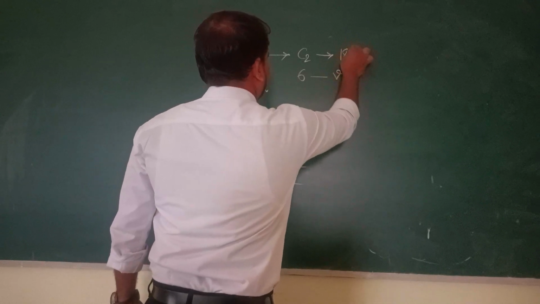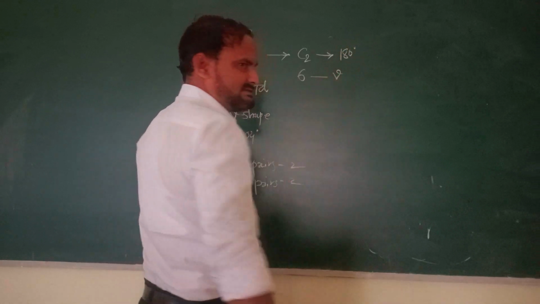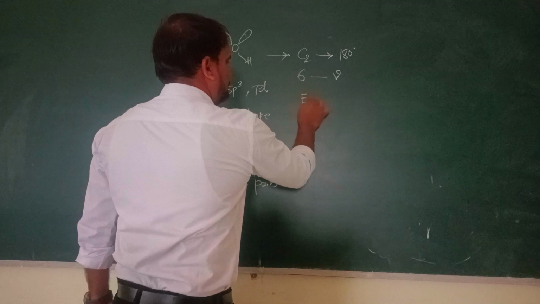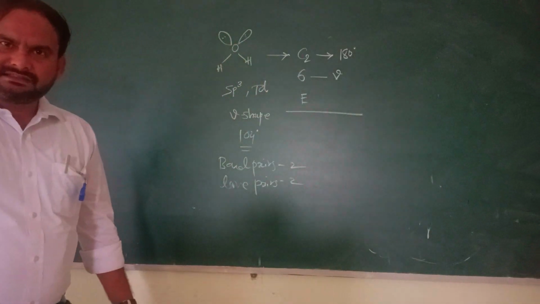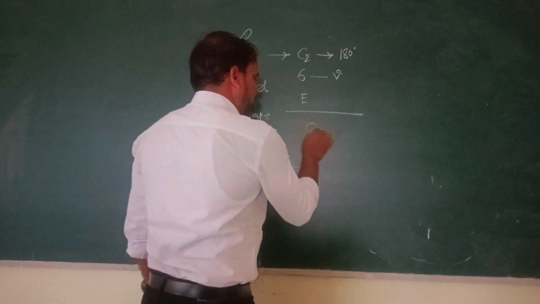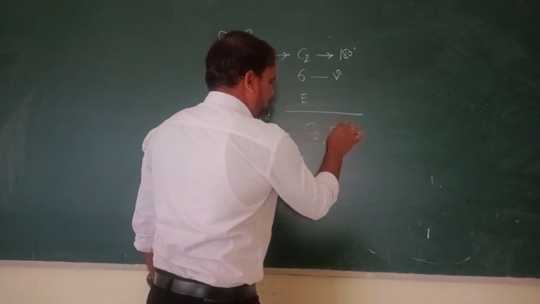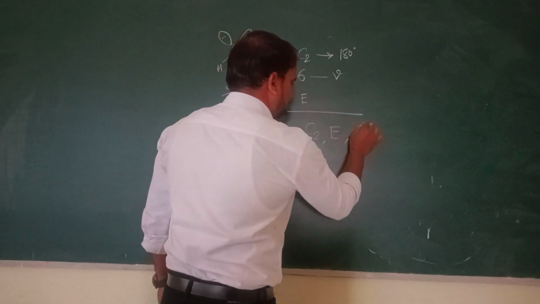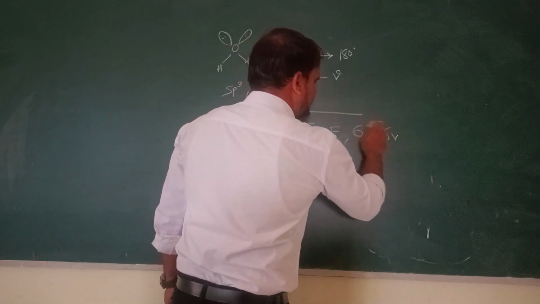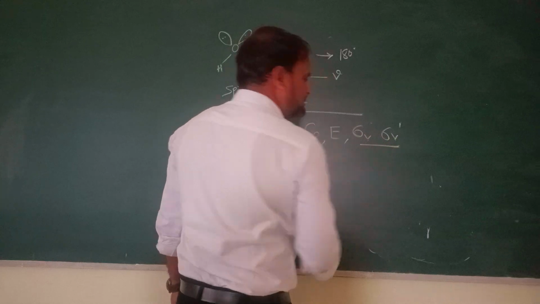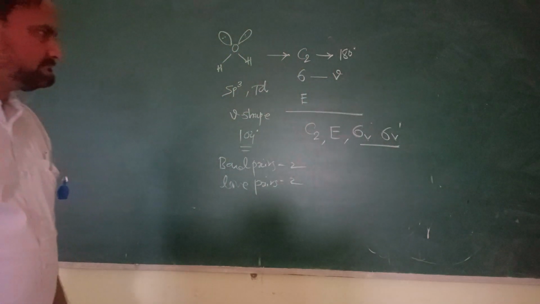Every molecule has its own identity. Now how many symmetry elements are there? 3. Out of that, this is C2, one is identity, and here this is sigma V and sigma V dash. Both belong to the reflection family.